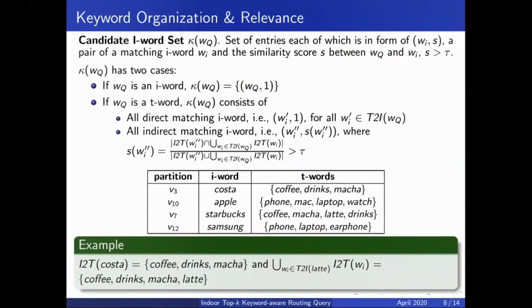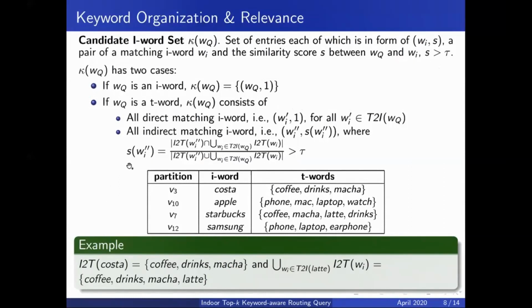For example, when we consider WQ is latte and an I-word Coaster, we first use I2T to map Coaster to its T-words, and we get coffee, drinks, mocha, and we denote it as ZA.